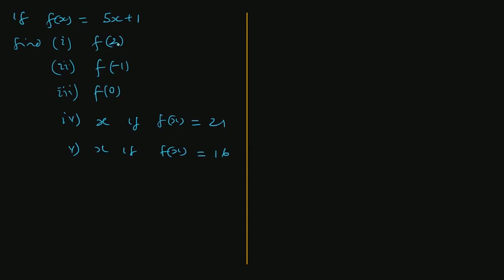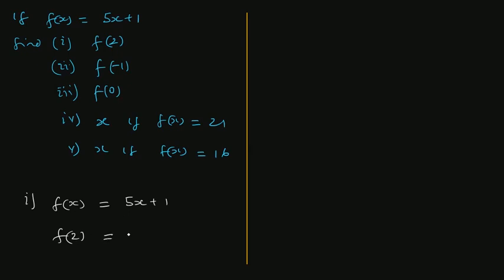Okay, so what you do, like we've been doing before, let's start with 1. We want to get f(2), but we know our f(x) is equal to 5x plus 1. So if they want f(2), where there is x in this function we put a 2. So we do the same on the right.